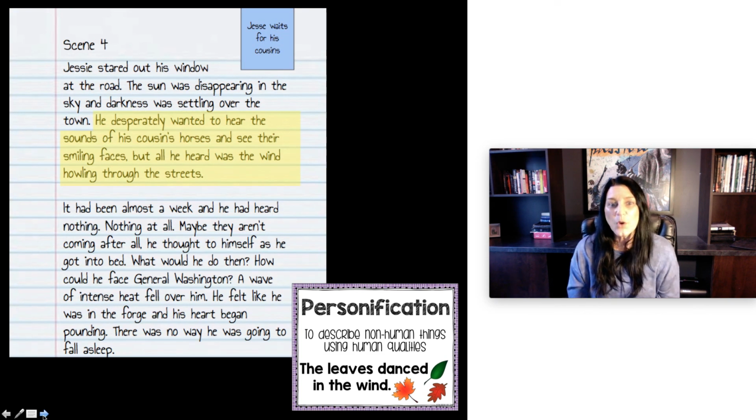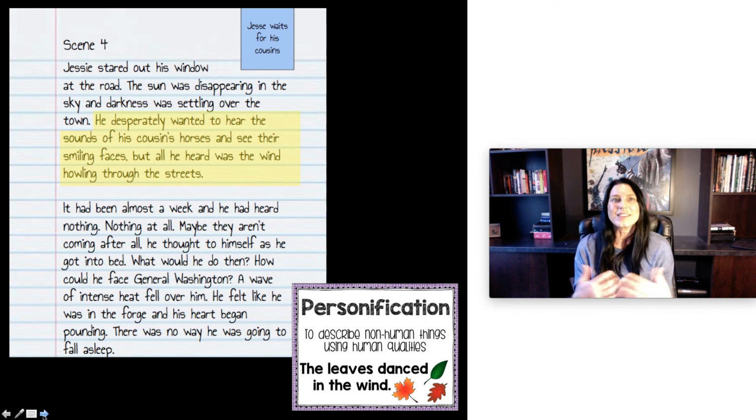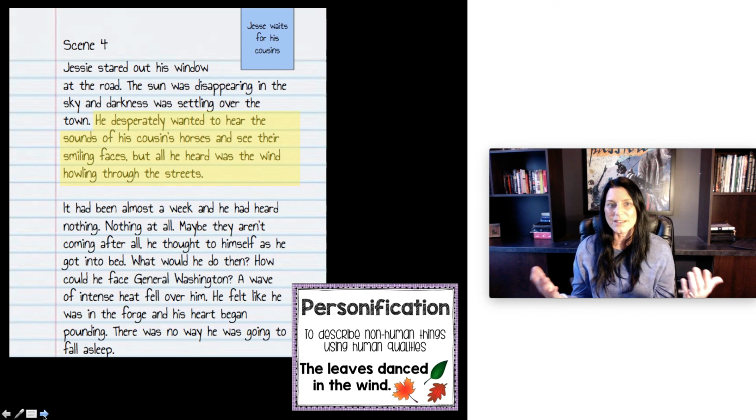In scene 4, I used some personification. Now, this is where I gave non-human things in my story human qualities. So this is when he was also waiting and waiting and waiting. And I thought because he was waiting for a person, I would give something else in my story some human qualities. So it would show that he's just so devastated because something happened that he wasn't looking forward to and he wasn't expecting.